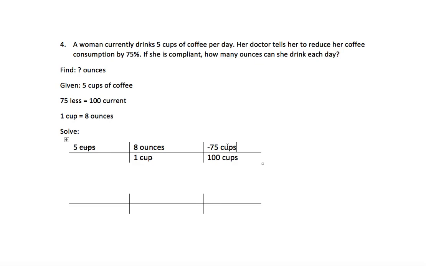So 5 times 8 is 40. So 40 cups, no, not cups, ounces. 40 ounces minus 30 ounces. And that, of course, is going to give us 10 ounces of coffee, which she's probably not going to be very happy about having to cut back from 40 ounces of coffee a day to 10.